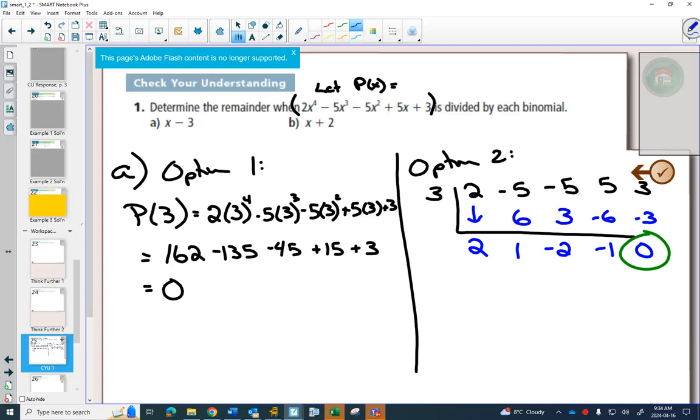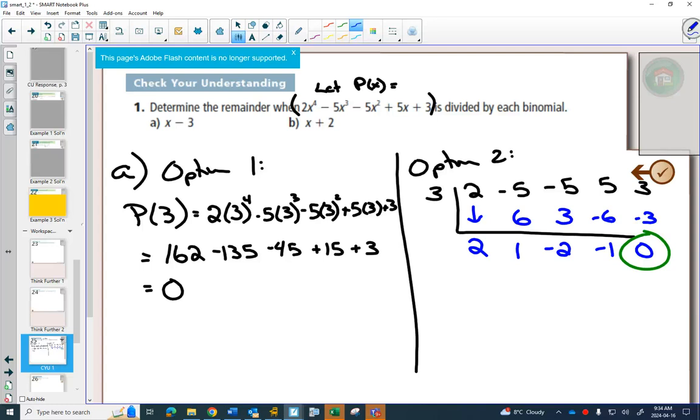So I find that option 2, the synthetic division, is better with bigger numbers, and by bigger numbers, usually I'm talking about numbers bigger than 1. You'd be like, 3, wait a minute, that's not that big.